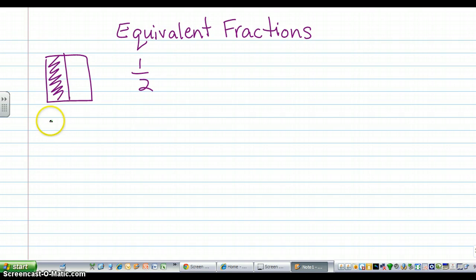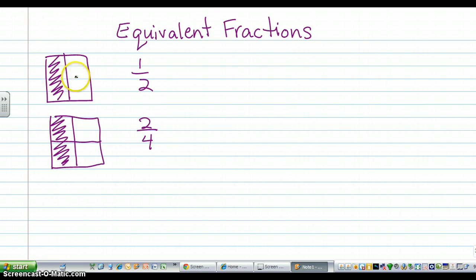Now if I take that same box but this time I turn it into fourths, and I shade in the same amount as before, this time I've shaded in 2 parts of a total of 4. I've shaded 2 fourths. Here I've shaded 1 part out of 2. Here I have shaded 2 parts out of 4, but it's exactly the same size. So 1/2 is equal to 2 fourths.